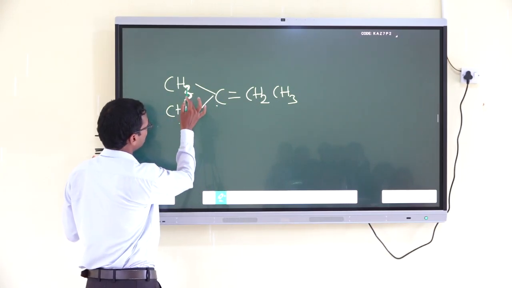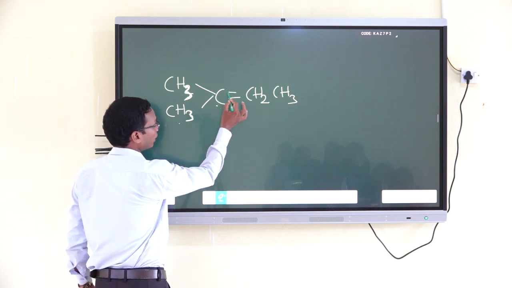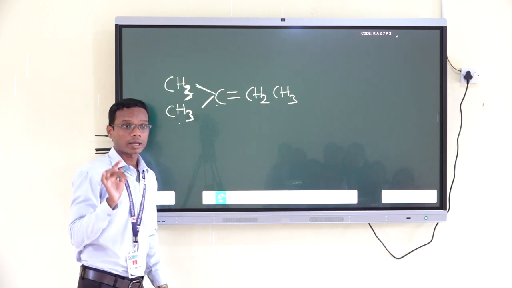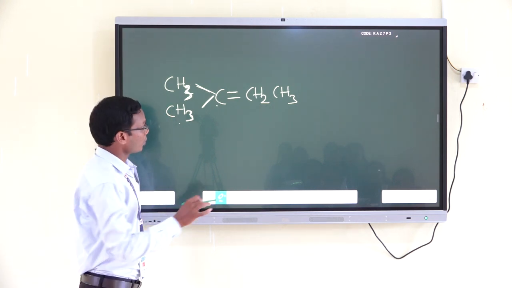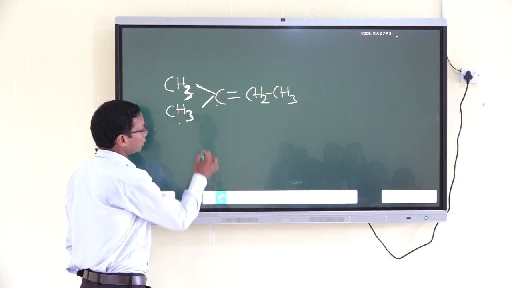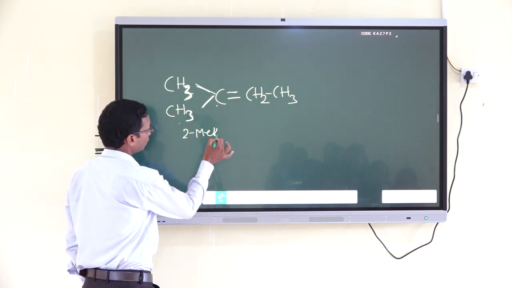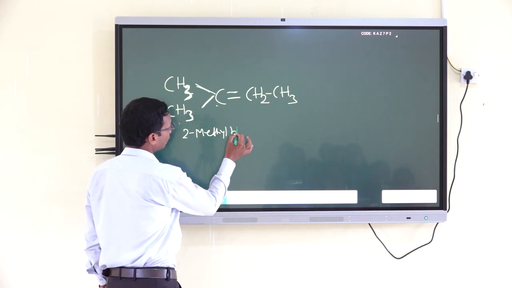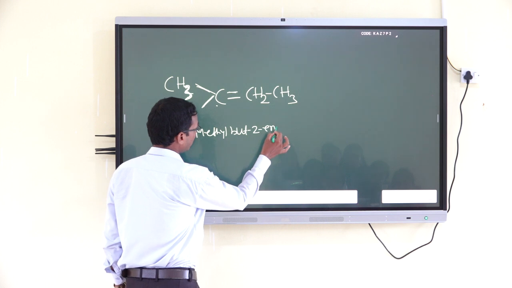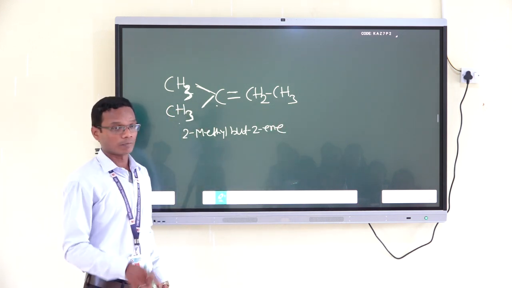This is CH3, CH3, this will be C because there is a double bond and single bonds, four bonds in total. Carbon is always tetravalent. This is CH2 and this is CH3. What is the name of the compound? This compound is 2-methylbut-2-ene.